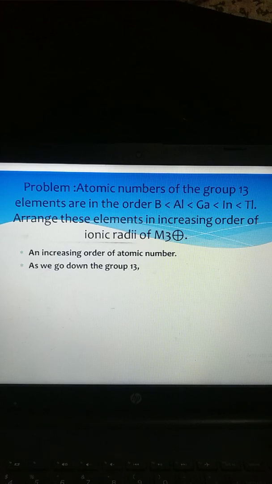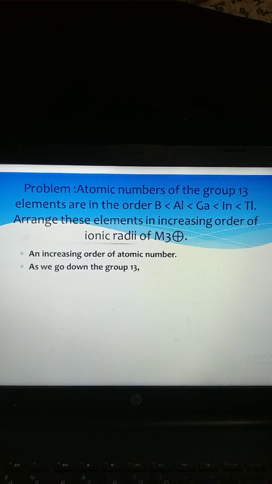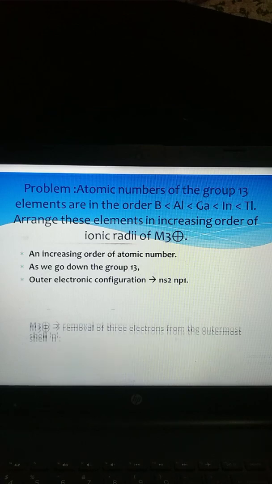The explanation is here: the atomic number increases as we go down group 13. Next, the outer electronic configuration is ns2 np1.